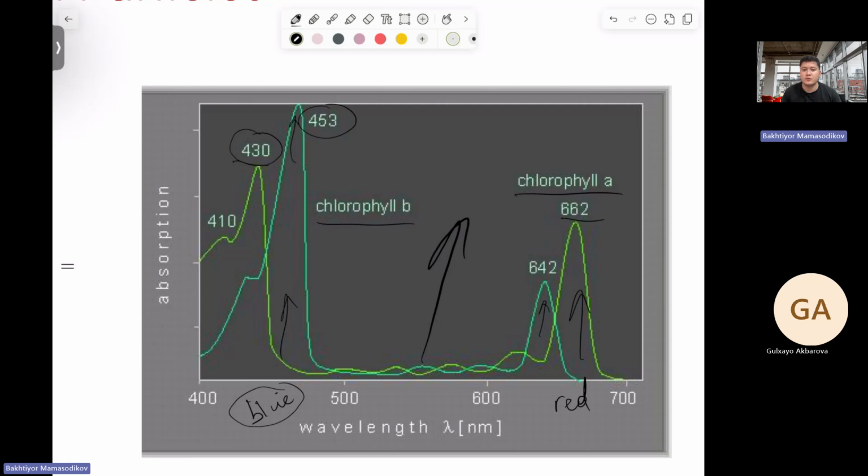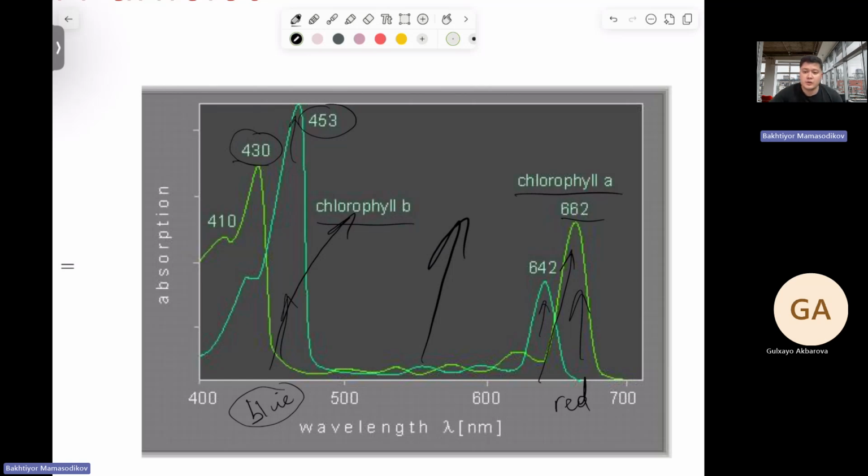The more peak they are, the more they are absorbed. For example, the blue is mostly absorbed by chlorophyll B, and the red is mostly absorbed by chlorophyll A, according to the peaks.